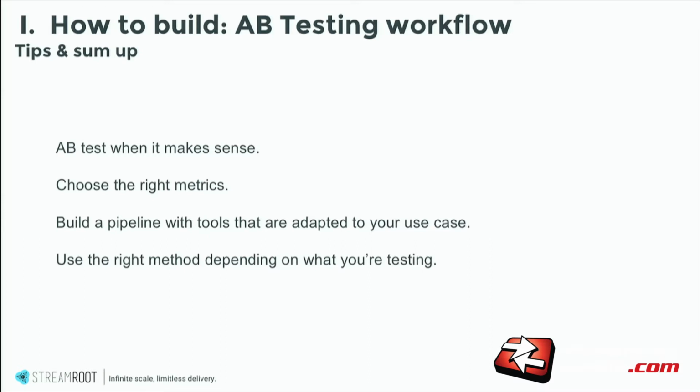So to sum up this first part, here are a few things you probably want to remember. First is that you should definitely A/B test when it makes sense and when it adds value. So it's especially useful in our case in adaptive bitrates or everything that touches the playback performance that you can't really easily test locally.